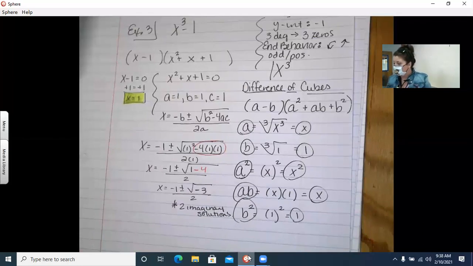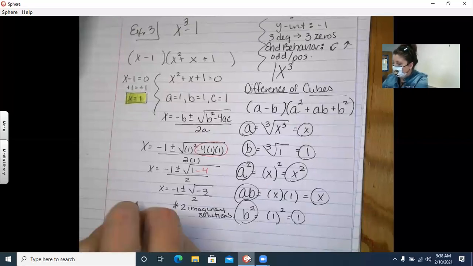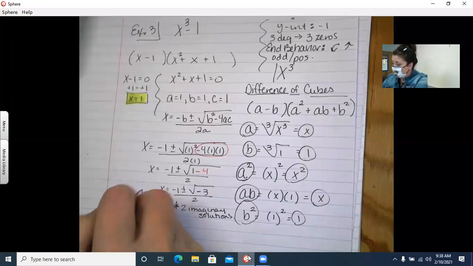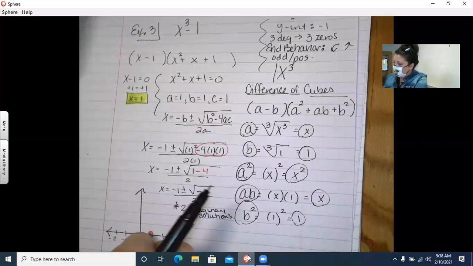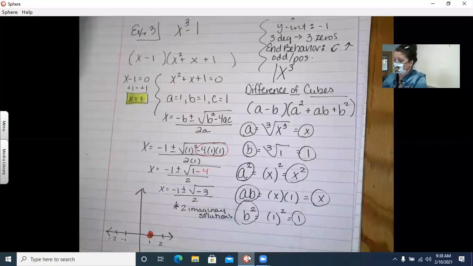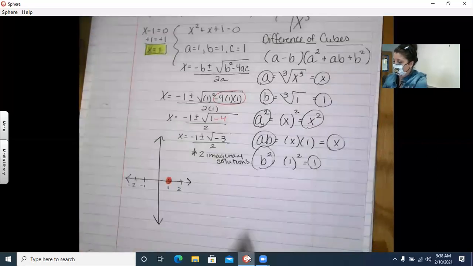Okay, so how many times is this graph going to cross the x-axis? Once. At 1, correct. And what was my y-intercept? It was negative 1.